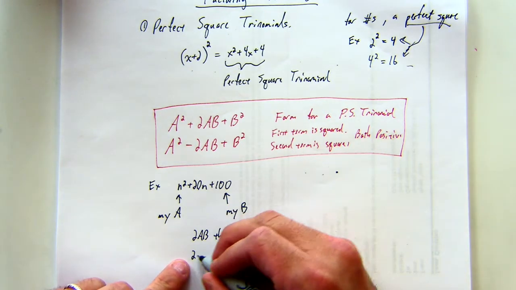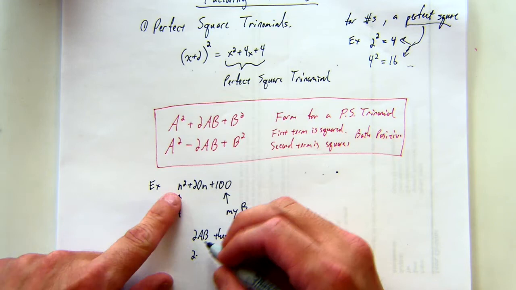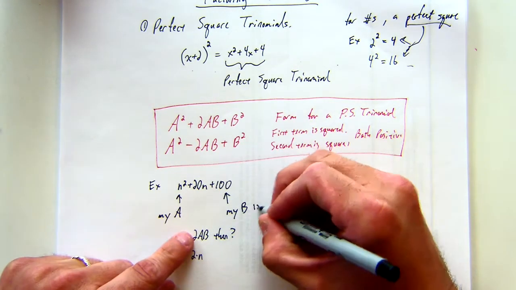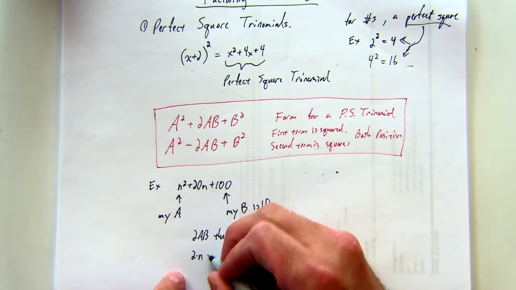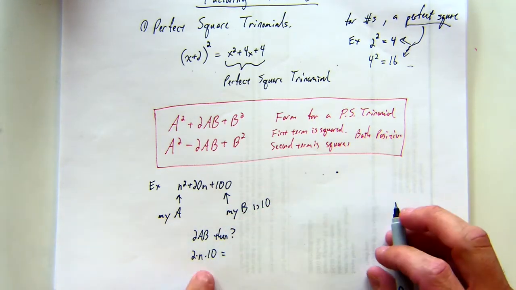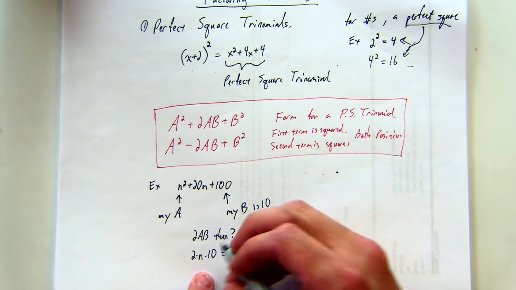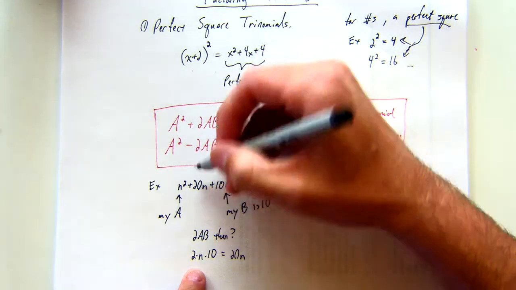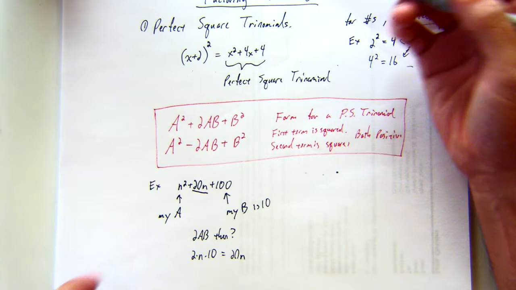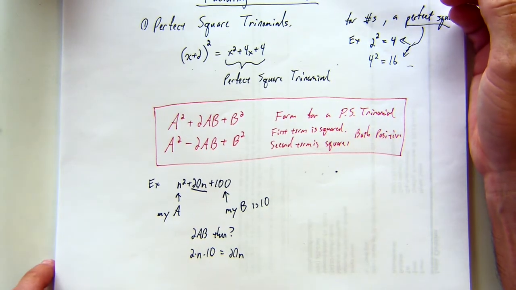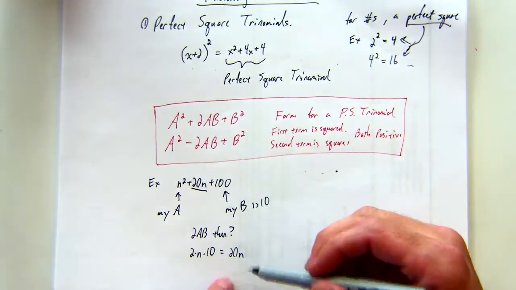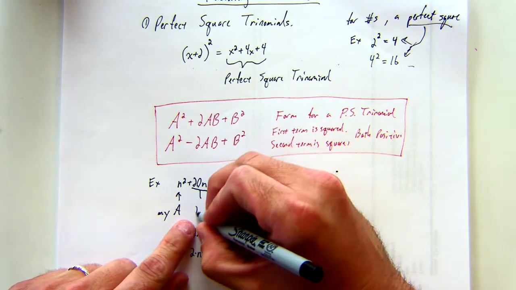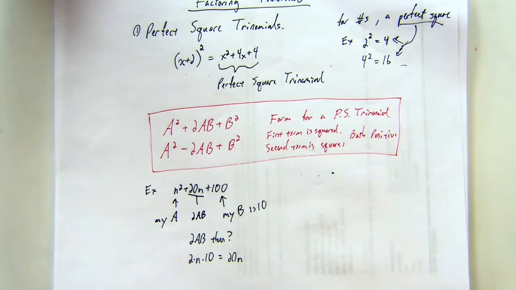So I have 2 times a, which is n, and my b I said was 10. And what does this equal? 2 times 10 is 20n. Is that right here? Is this 20n? So this thing in the middle is of the form 2ab.